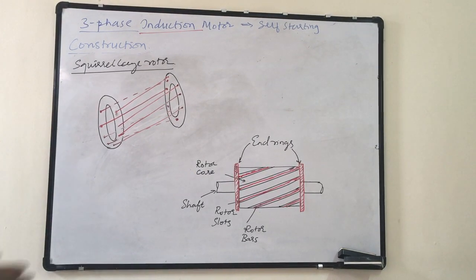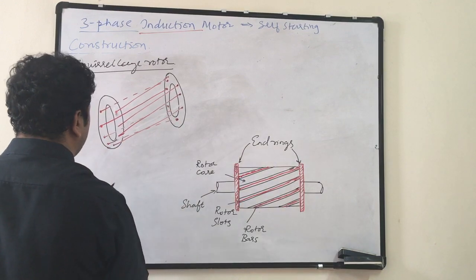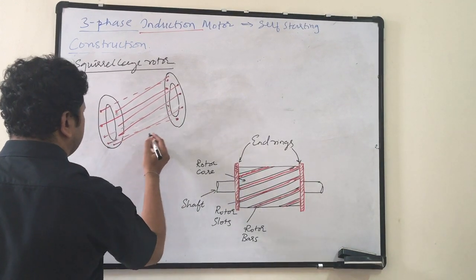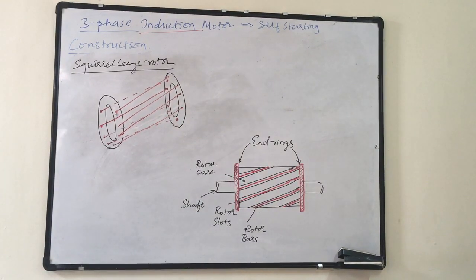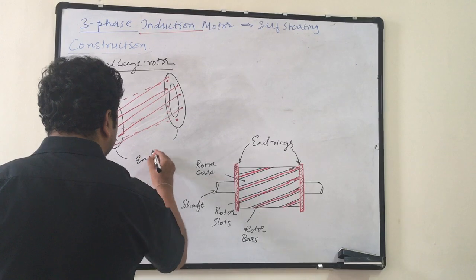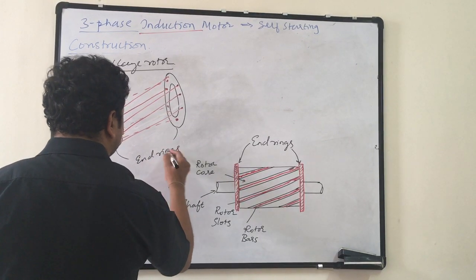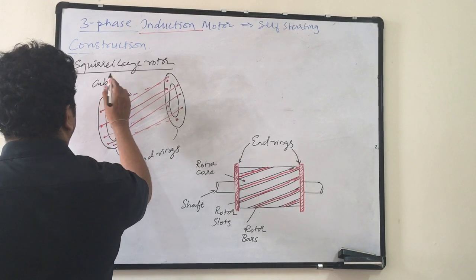Then each bar is placed in one slot, and taking the end rings, I will be brazing it. So I will get a complete solid short circuit structure. So these are end rings, and these are copper bars.